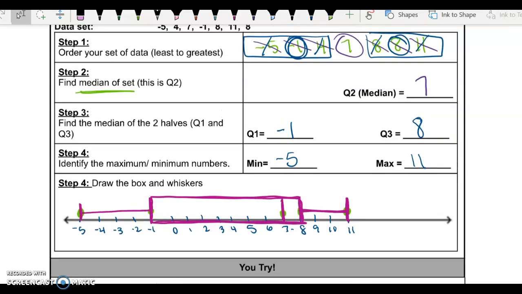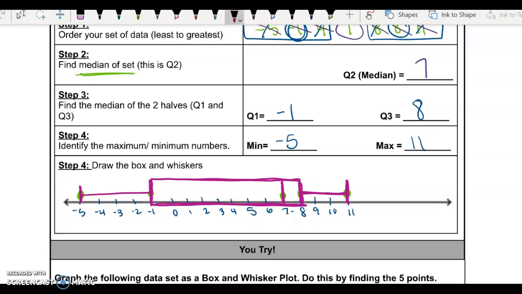It shows that from -5 to -1 is our first fourth of data. That's 25% of our data. From our quartile 1 to our median is another 25% of our data.